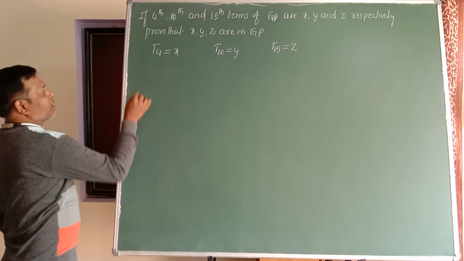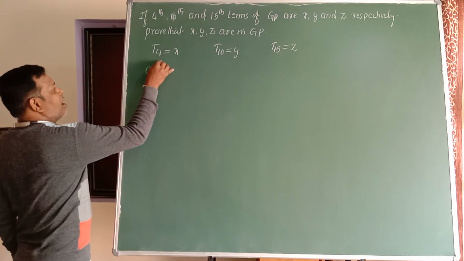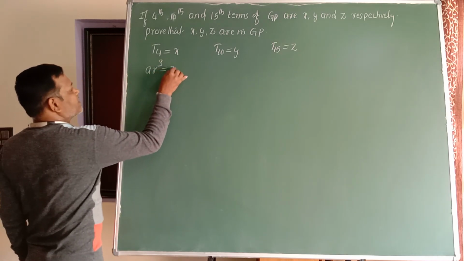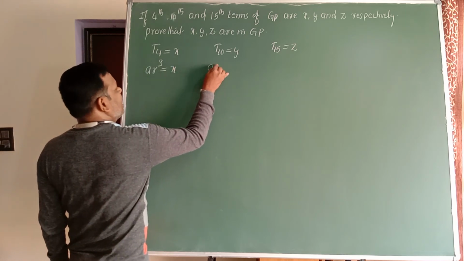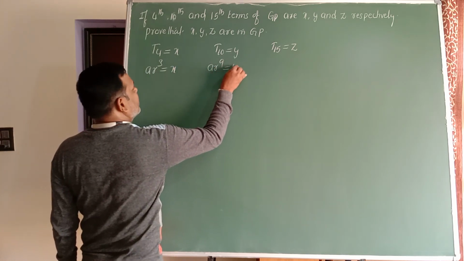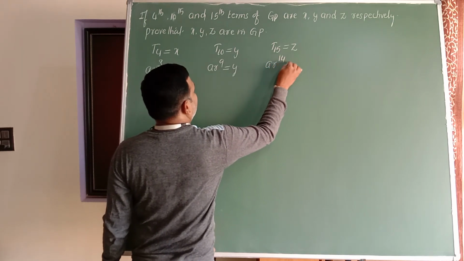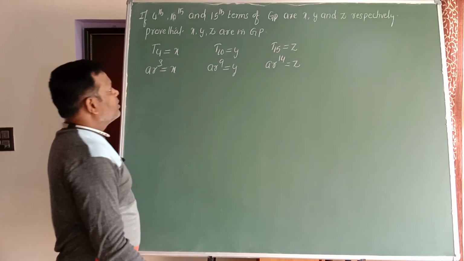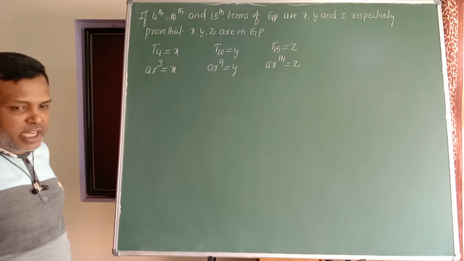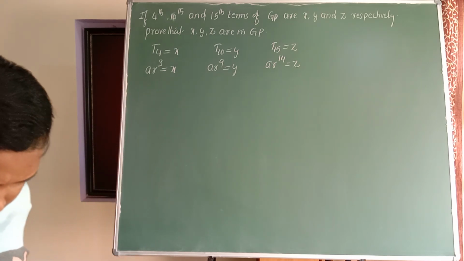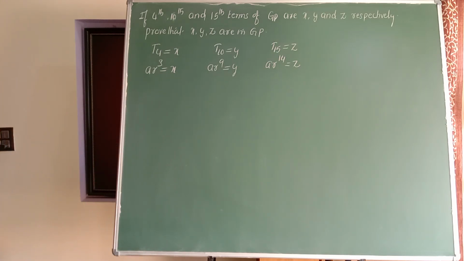So now T4 can be written as A R cube is equal to X. T10 is equal to A R power 9 is equal to Y. T15 is equal to A R power 14 is equal to Z. Got my point? This is what is given: T4 is equal to X, T10 is equal to Y and T15 is equal to Z.